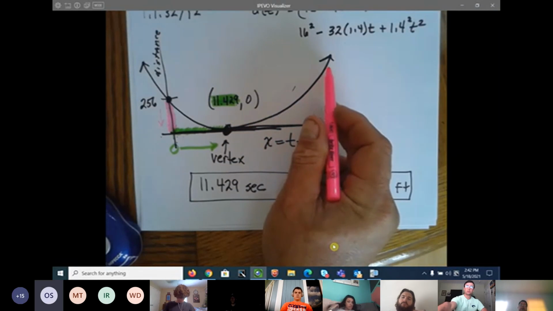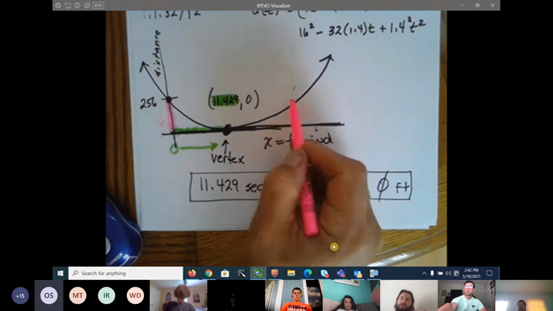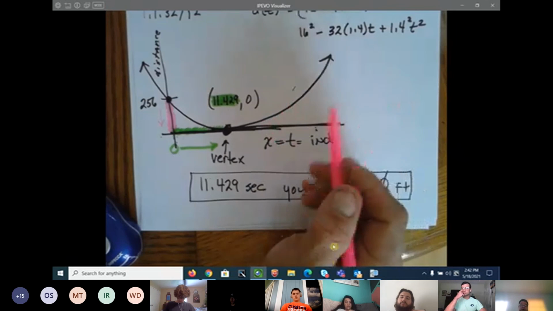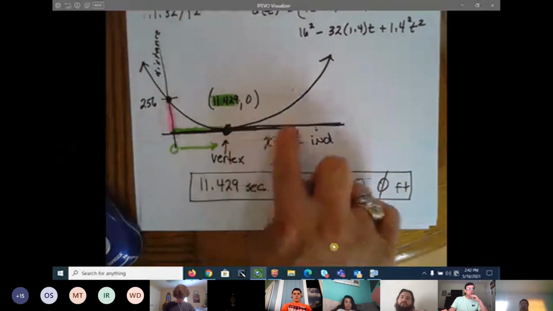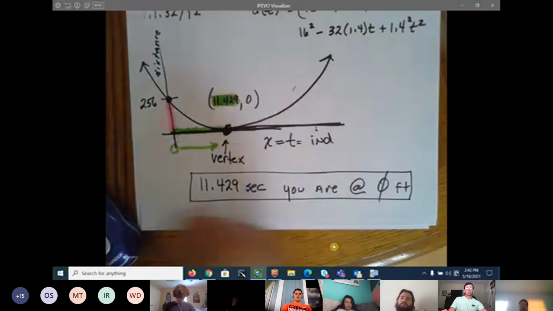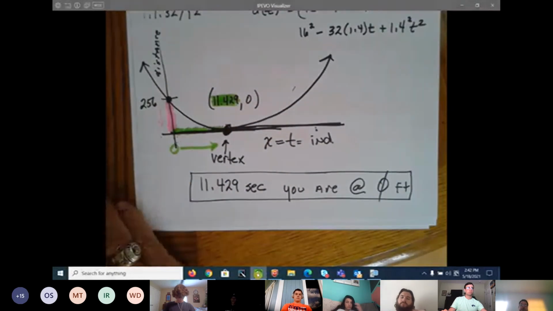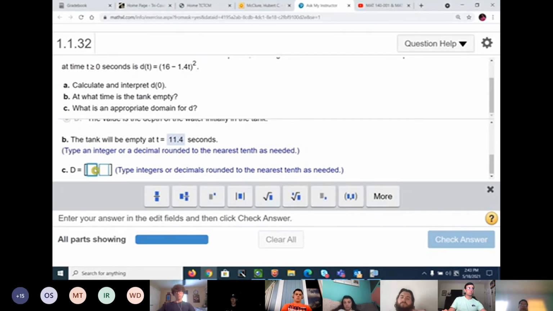It'd be filling up. The question doesn't say anything about that. If the question said something about filling up, then you would have more of a domain out here. I like this question because it makes you think. So I would say from 0 to 11.4.